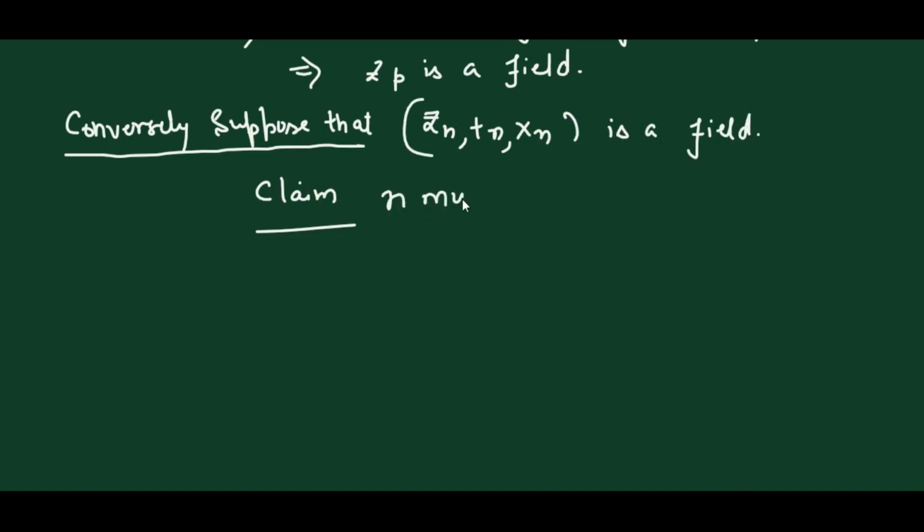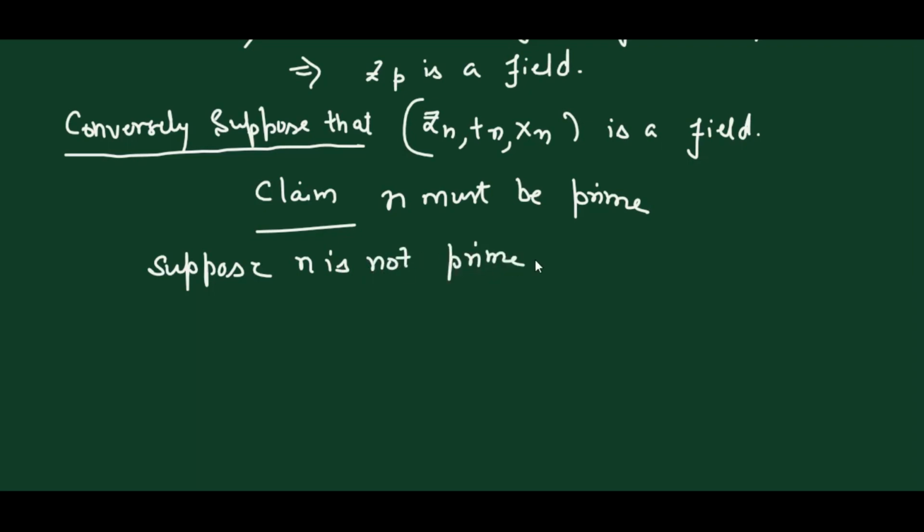N must be prime. So we prove this result by contradiction. Suppose n is not prime, this implies n is composite.